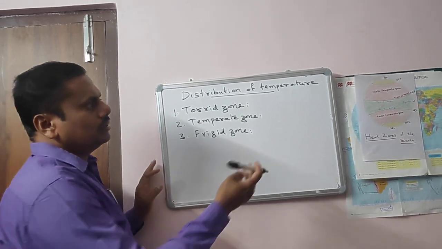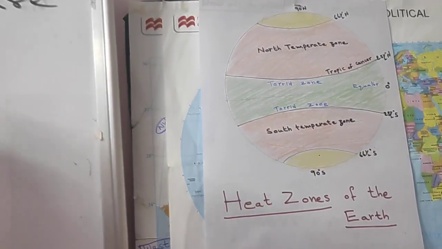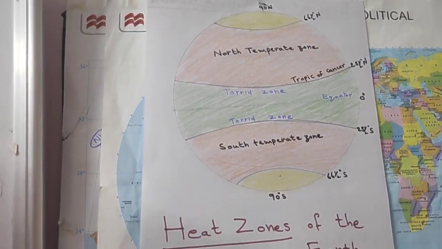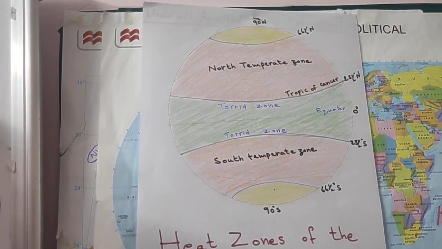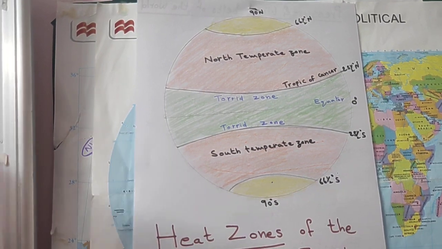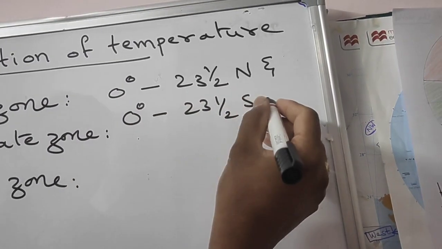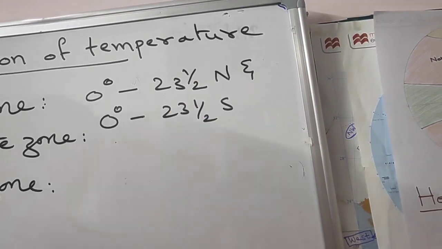So torrid zone, observe this picture, small picture. Torrid zone lies between 0 degrees to 23.5 degree north and 0 degrees to 23.5 degree south latitude.